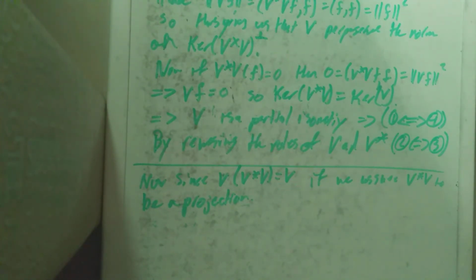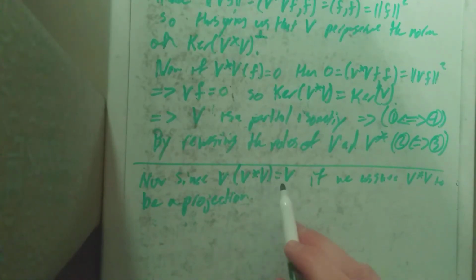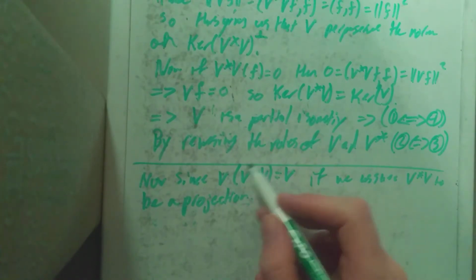This is because V star V is onto the range of V by our above argument, and hence, since 4 implies 1, V is an isometry, so V of f equals f. So whatever this guy spits out, because it's in the range of V, V onto that is just going to give you the same thing.